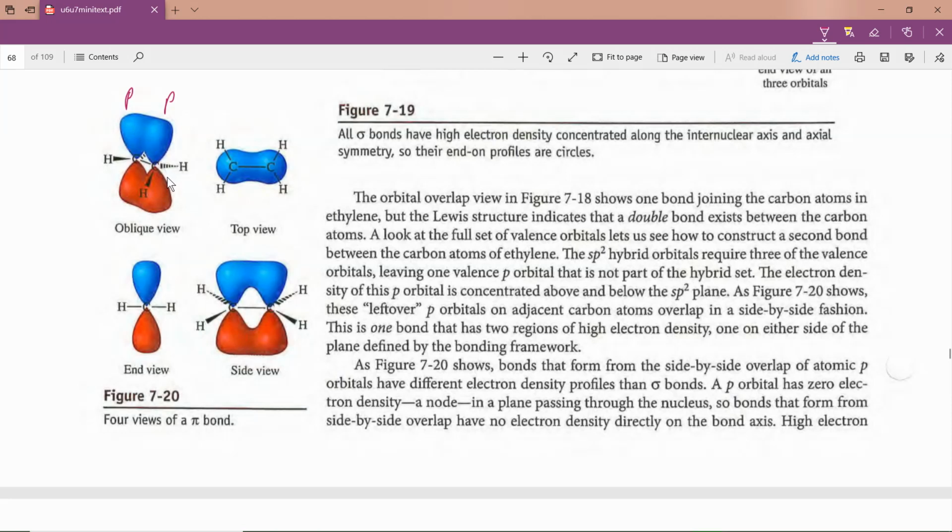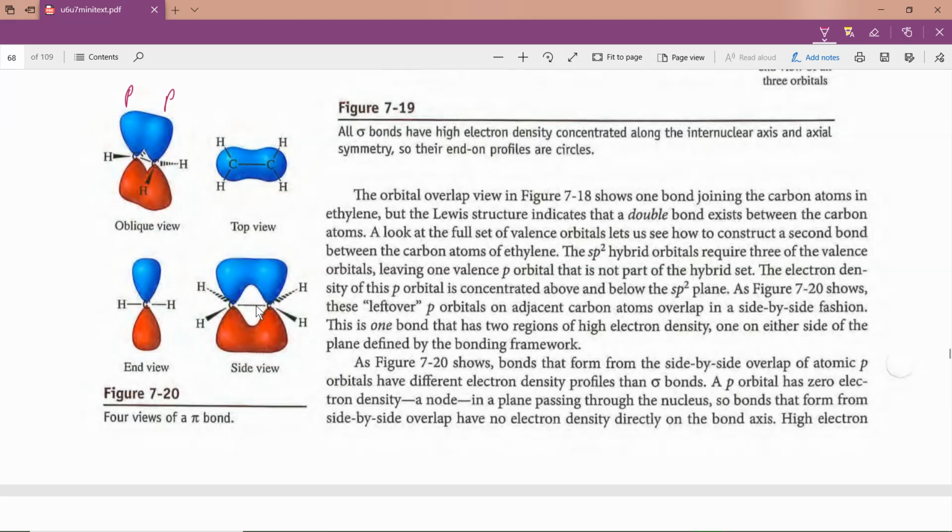That pi bond gives it more strength than a single carbon bond. It's also harder for this molecule to rotate around its axis because of the pi bond. So those are different views of the pi bond, and together it makes a double bond. Okay?